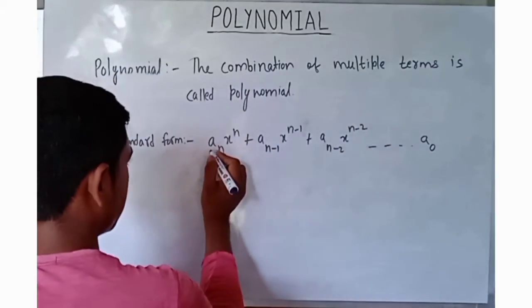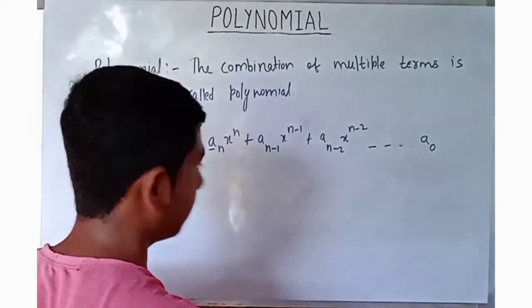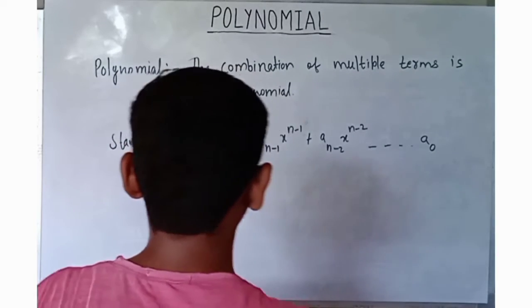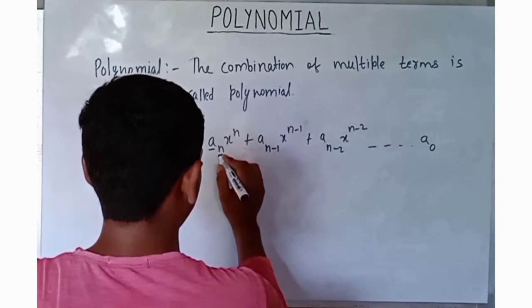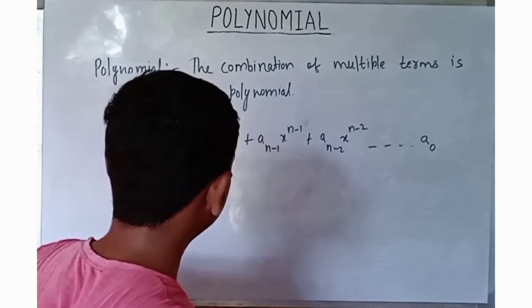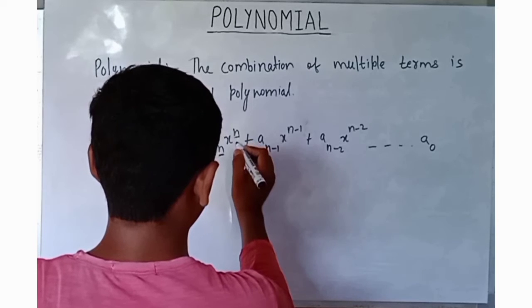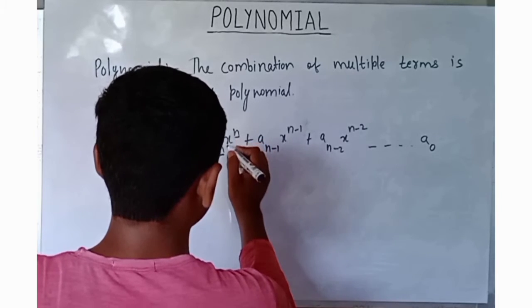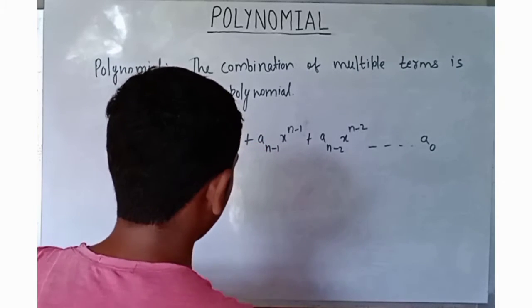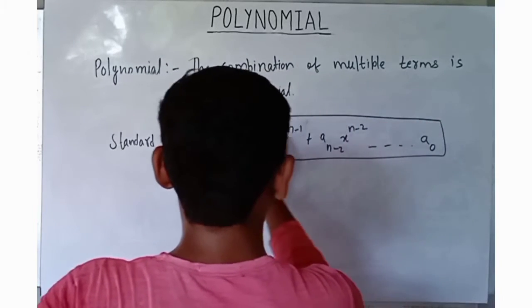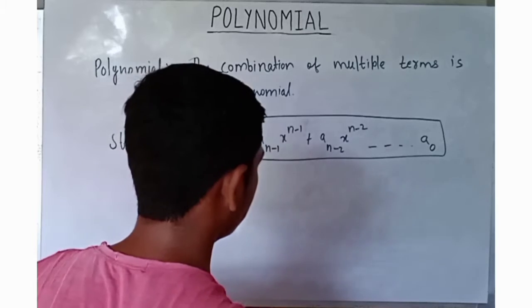See here, so here a can be a real number, it belongs to the real numbers. And here n, what is n? This is the degree, and the variable is x. So this is the standard form of writing a polynomial.